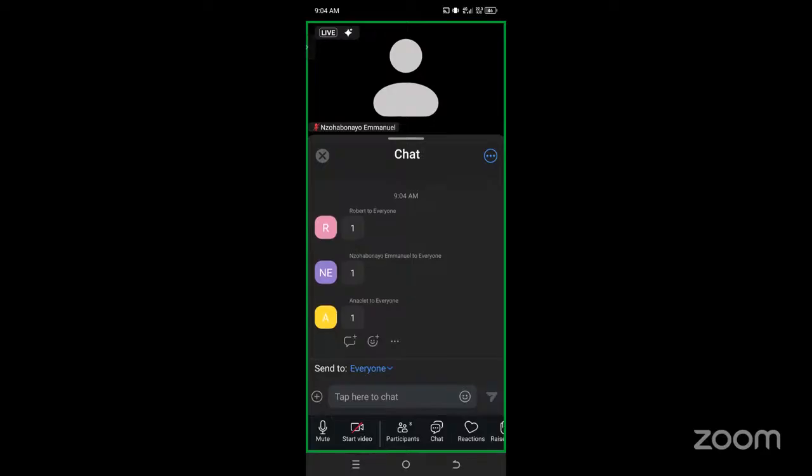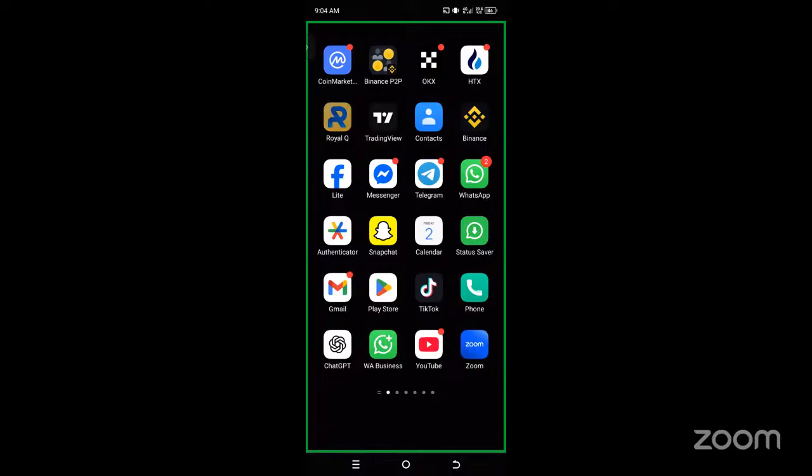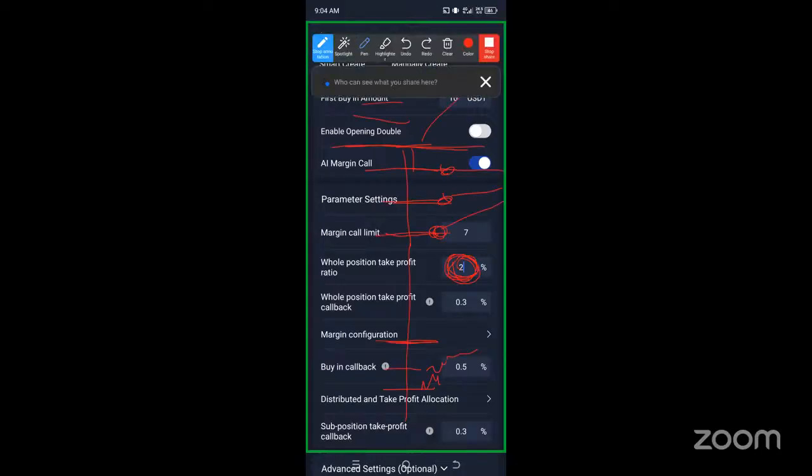Wonderful. So it is better that, why did I decide to come and teach this? I want to teach everything from one step to another inside the robot, everything, so that everyone can understand. Now, I have explained the whole position and take profit ratio, that it is a profit you want from 4 margin calls.